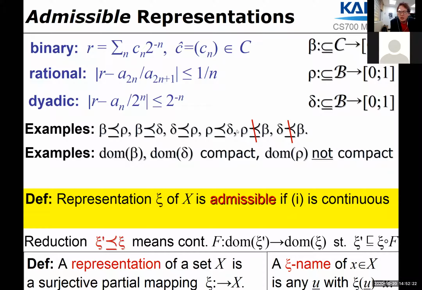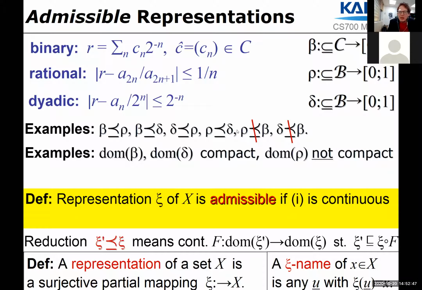But here, of course, when we talk about representation, their codomain is neither real nor Baire space in general, because their goal is to define computability on this space. But it seems like a good guideline to require continuity for the representation.